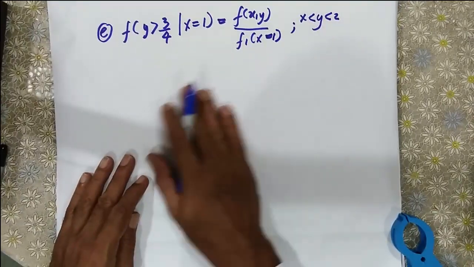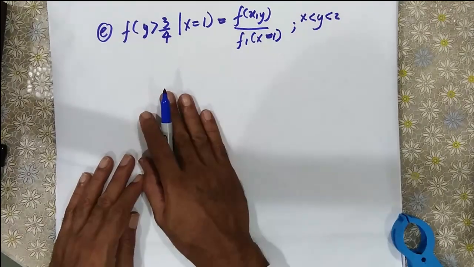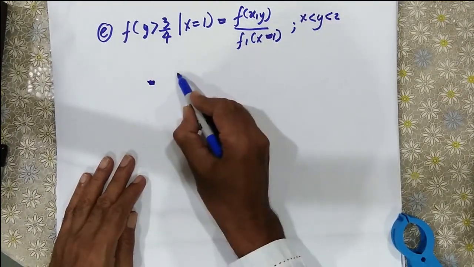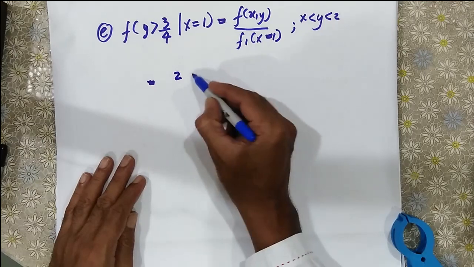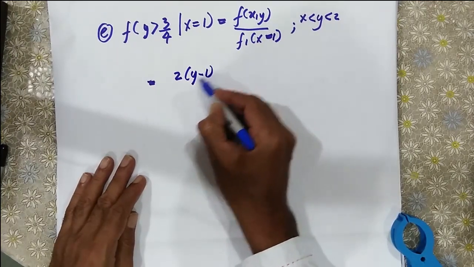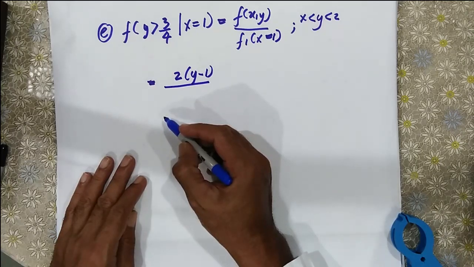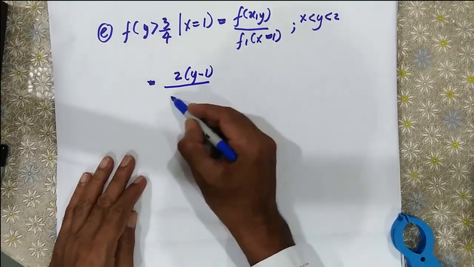So if I solve this one, I need to integrate this function. The initial function is 2y minus 1 over 2x minus x squared.